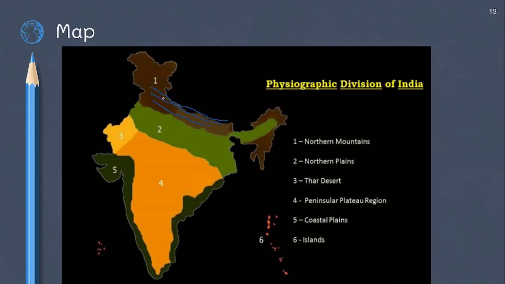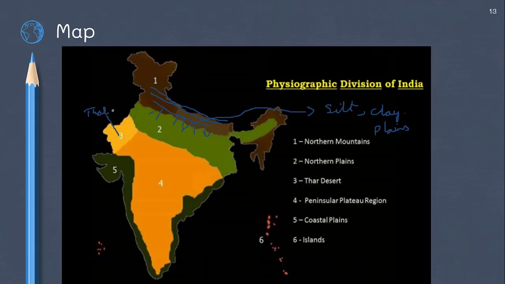Because of this water, the rivers are coming here and settling, because they are bringing silt and clay. Because of these deposits, this northern land is very good for fertility, and plains have formed. And this part is the Thar desert, where there is a small amount of water.